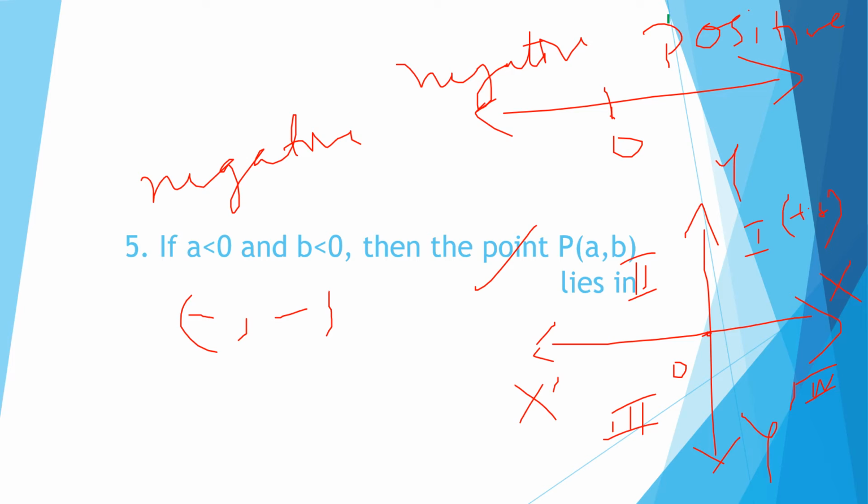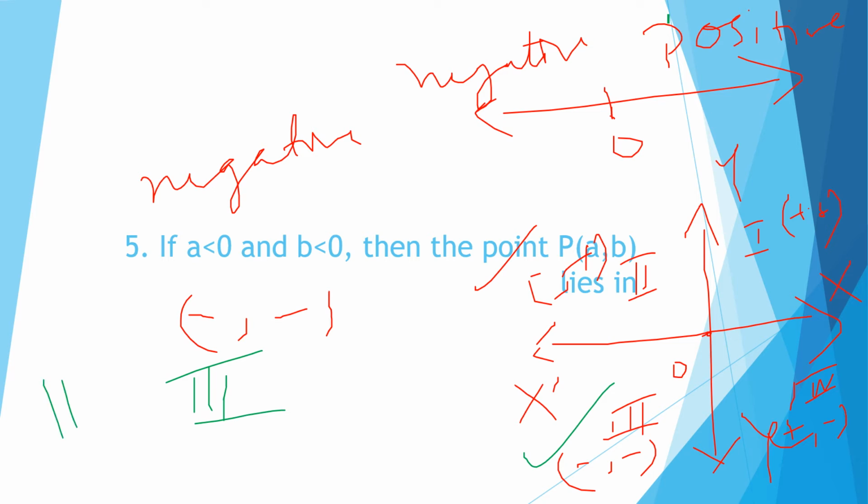Second is negative and positive. Third is negative, negative. And the fourth is positive, negative. So here is your answer: third quadrant. Here is your answer number 5.